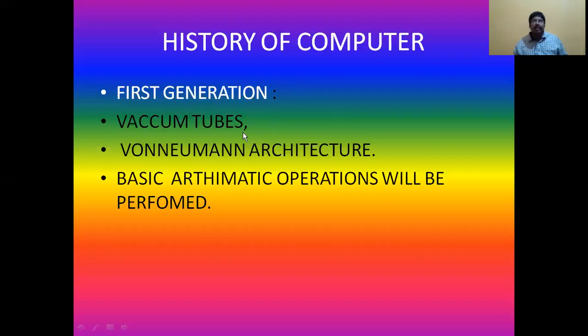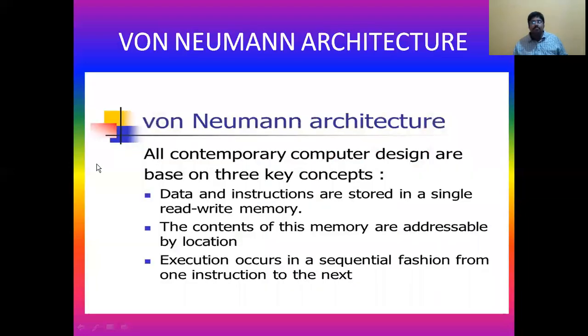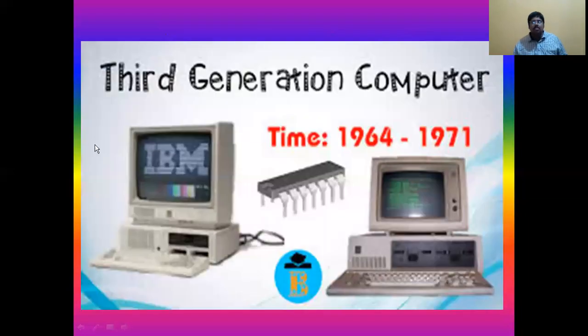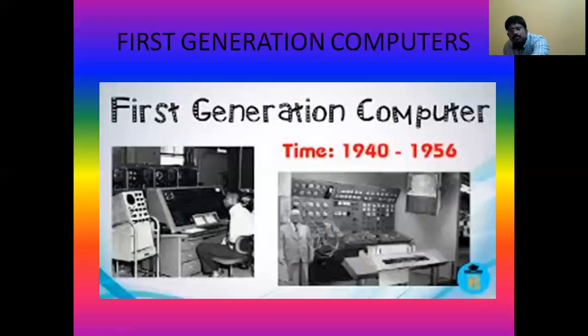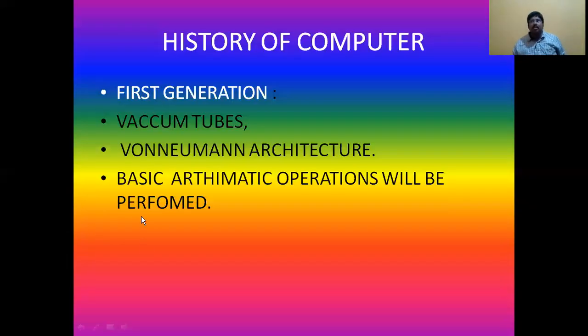You all know that in the first generation vacuum tubes were used, but my main concept is to make you aware of the second point, which mentions von Neumann architecture. What I want to present to you is what is meant by von Neumann architecture.